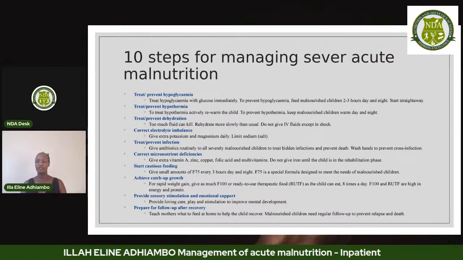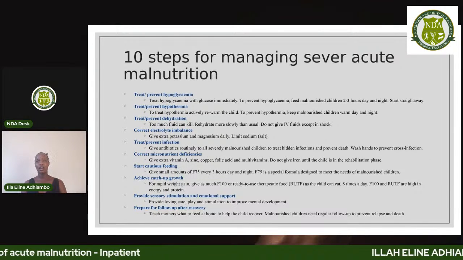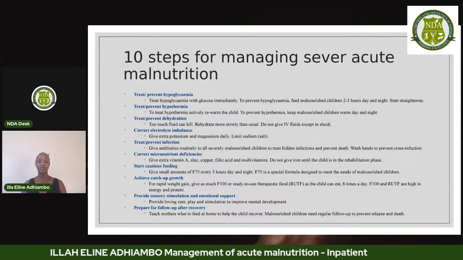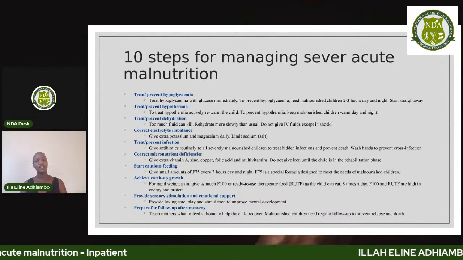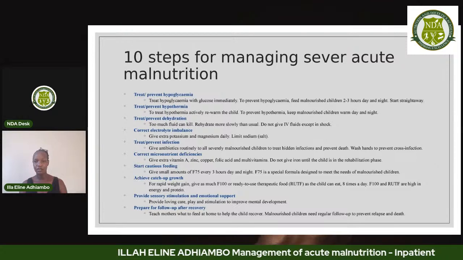So even if you're going to use kitchen feeds, for instance, maybe you don't have F75 and F100, you don't add salt to that food so as not to increase the sodium that you're going to give this baby. Our target is to give extra potassium at 4 millimoles per kg body weight and magnesium at 0.6 millimole per kg body weight.